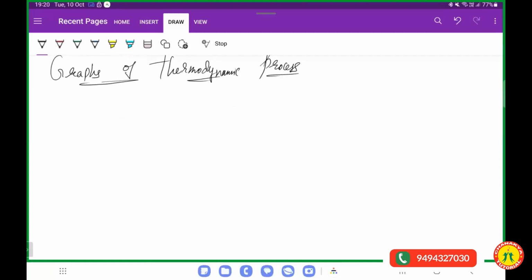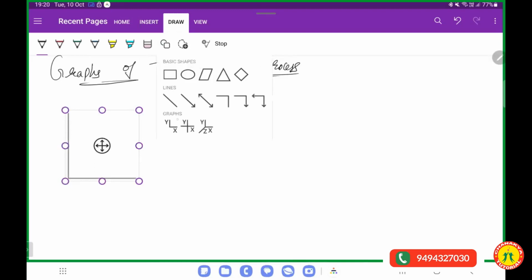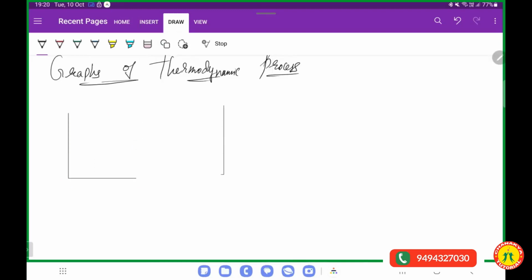Let's start with this one. P in this axis, y-axis, and V in x-axis.